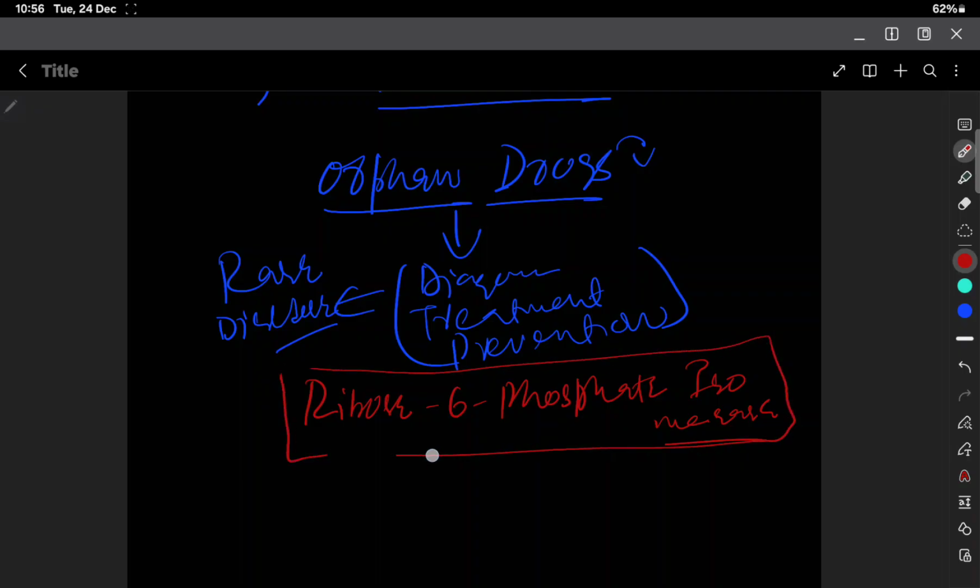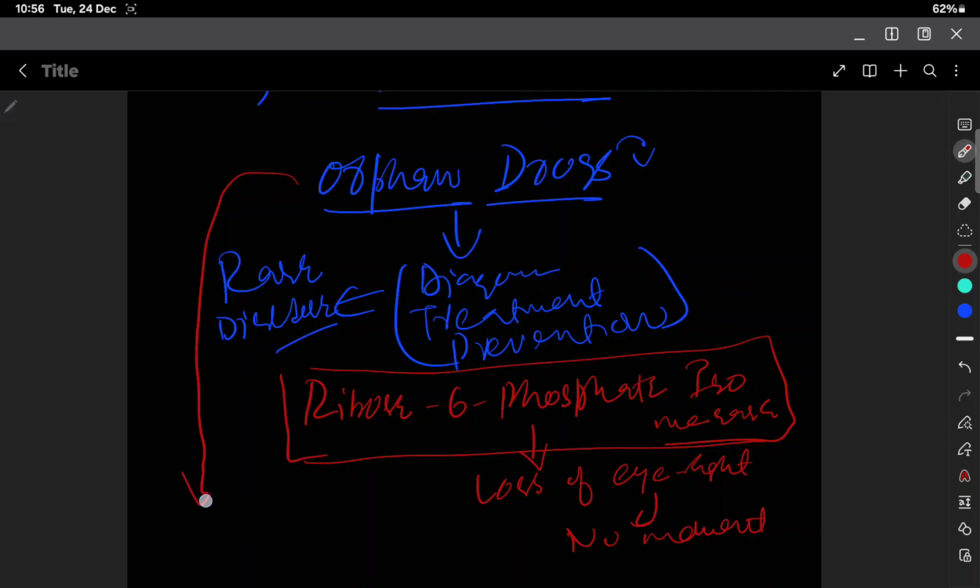If anyone has a deficiency of this, it will cause loss of eyesight first, and then there will be no movement of the body. For these rarest diseases we are using some drugs. Those drugs are called orphan drugs.